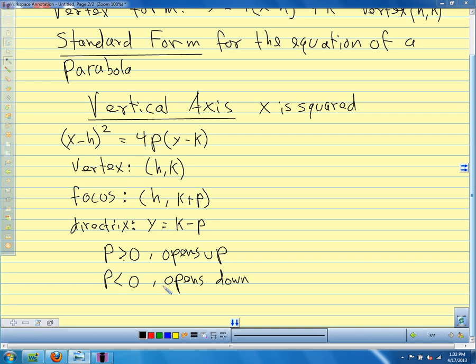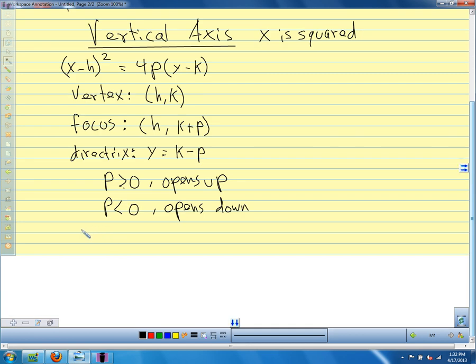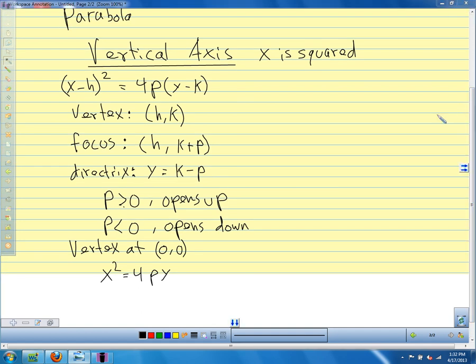And if our vertex is at (0, 0), then our standard equation is just x squared equals 4py. So this is all of our information about our standard form. Let's draw a couple of pictures here, one for our parabola opening up and one for our parabola opening down.